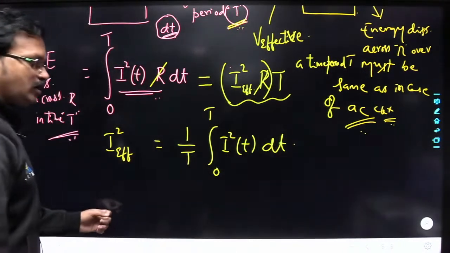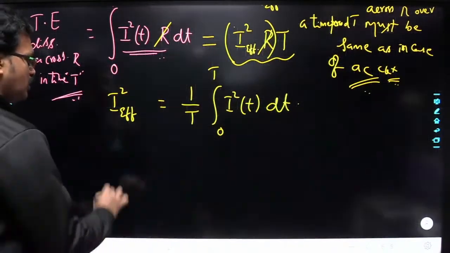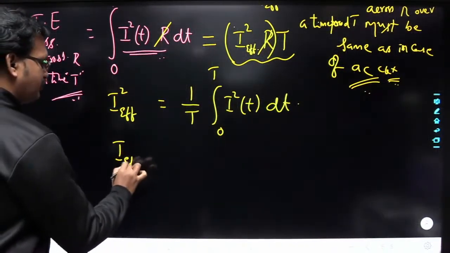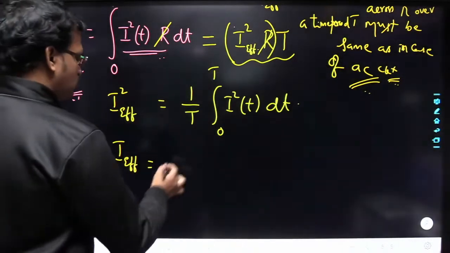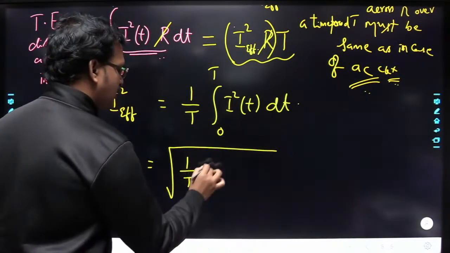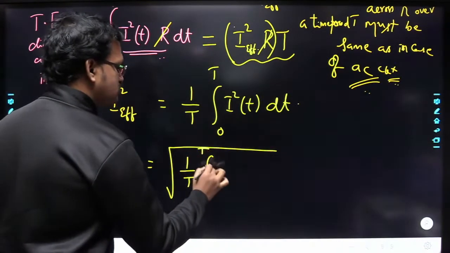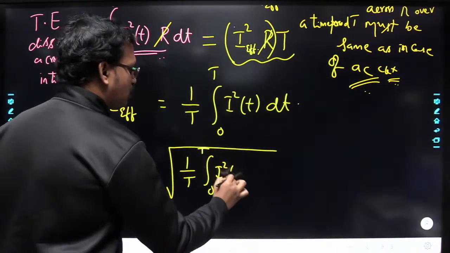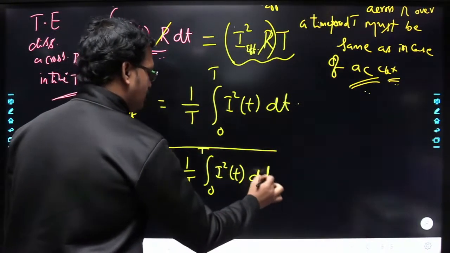So I effective is equal to the square root of 1 by t integral 0 to t I square of t dt.